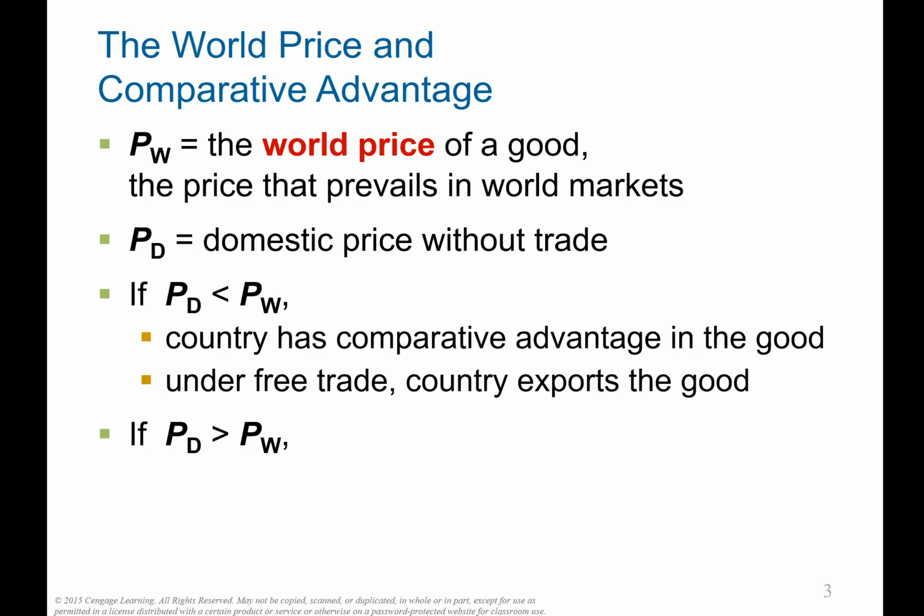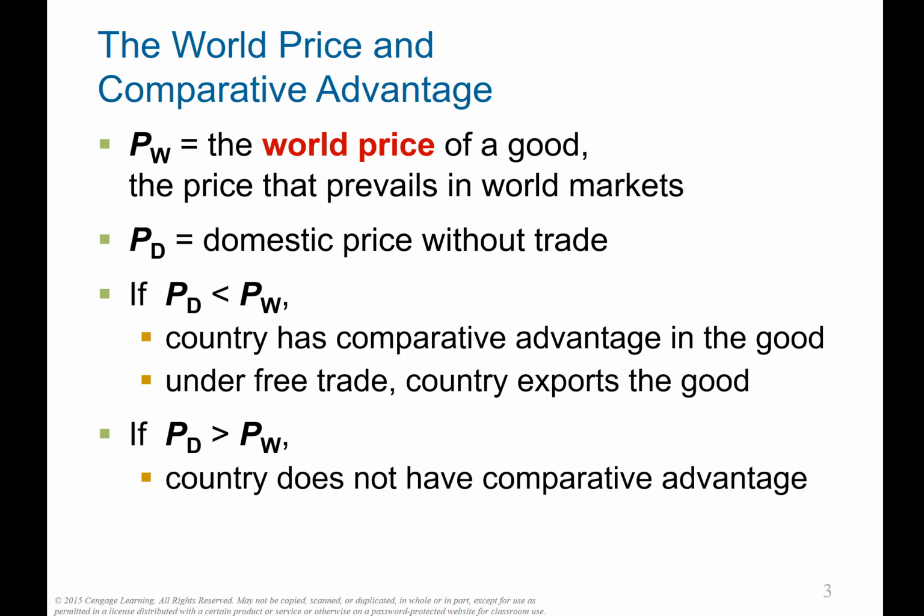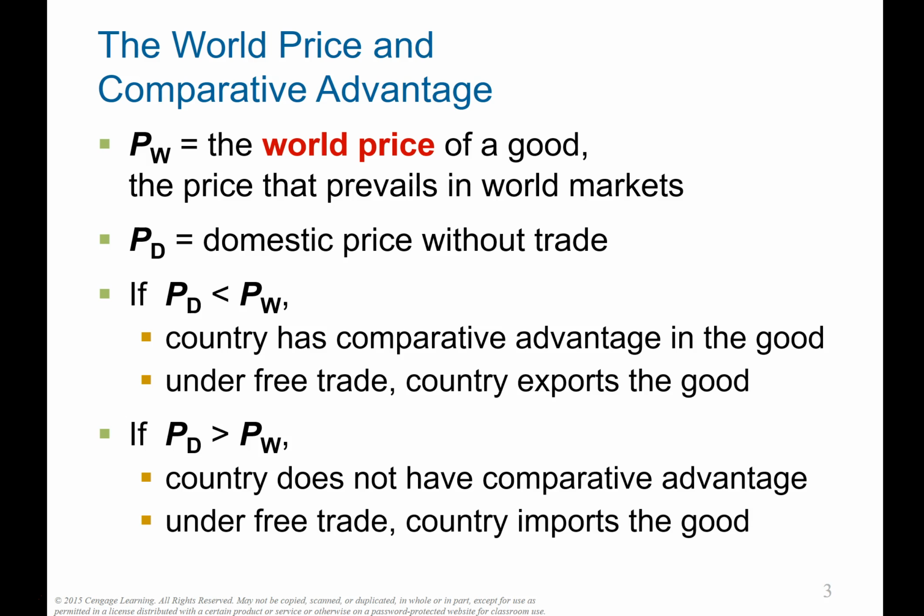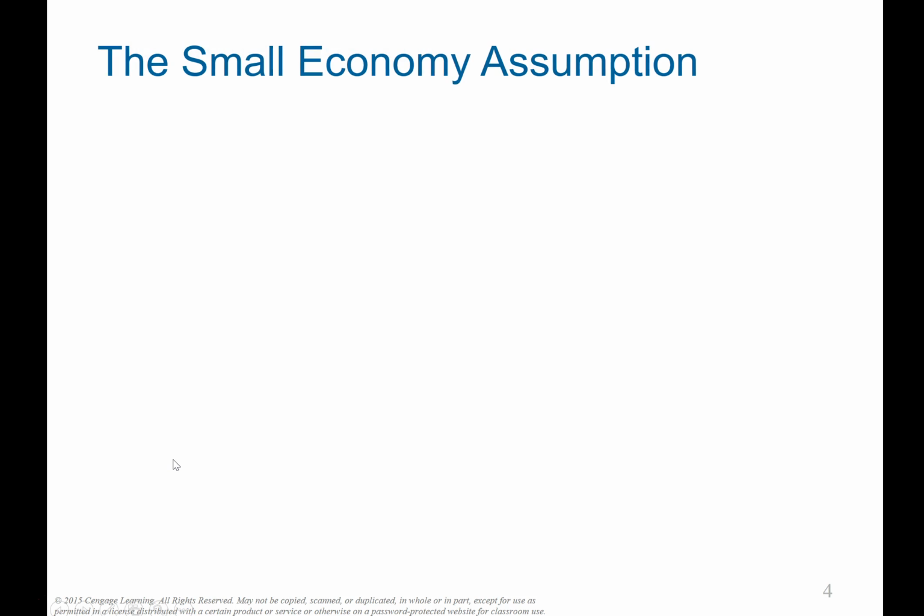If the domestic price is greater than the world price, then this country would not have the comparative advantage. And if free trade were the case, then that country would import the good, because if you think about it, the world price is advantageous to them. It is lower than what they can produce it for.